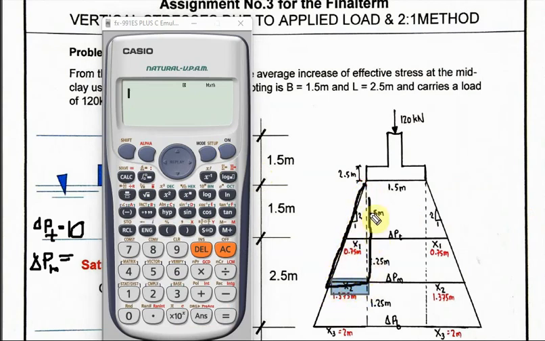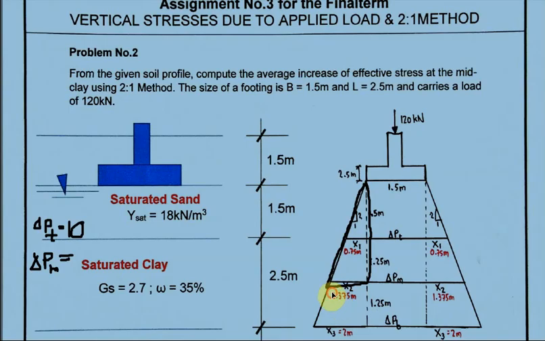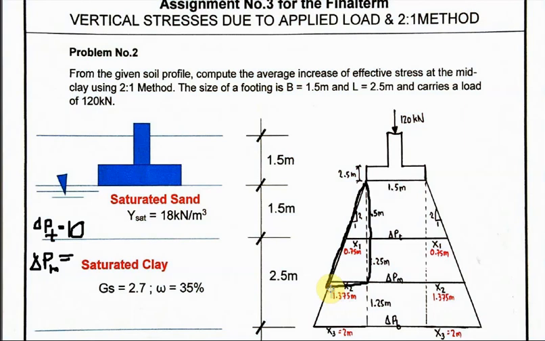So pila yung total nga height na akay 1.5 plus 1.5 plus 1.25, tapos 2 dahil divide 2, na akay 1.375.